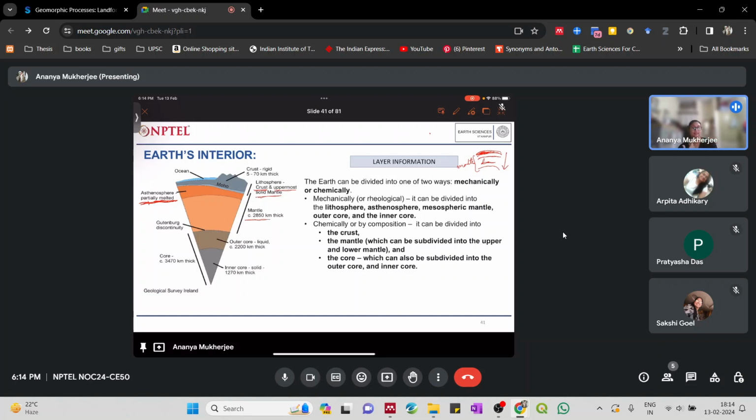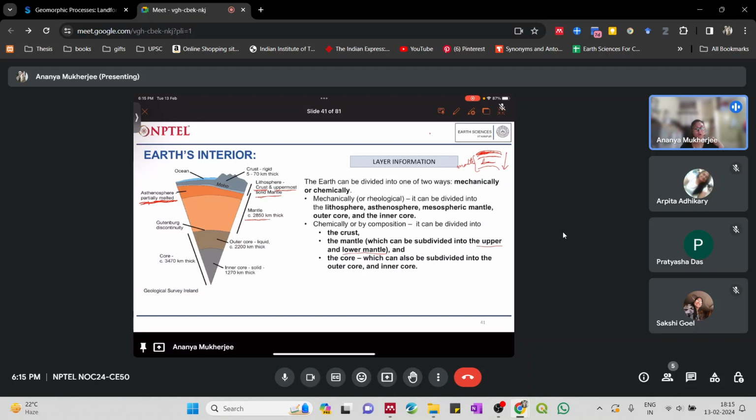So the mantle itself can be subdivided into upper mantle and the lower mantle. Okay, so even in the mantle, we can see that with the increase in depth, there are some compositional variations within the mantle itself. So the upper mantle has a slightly different composition compared to your lower mantle part. And then you have the core.